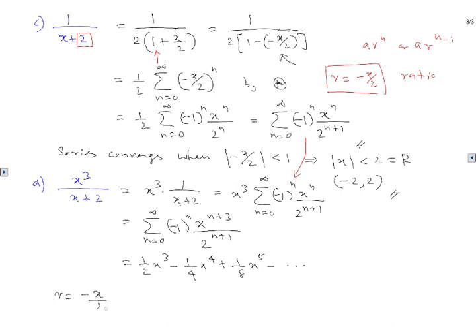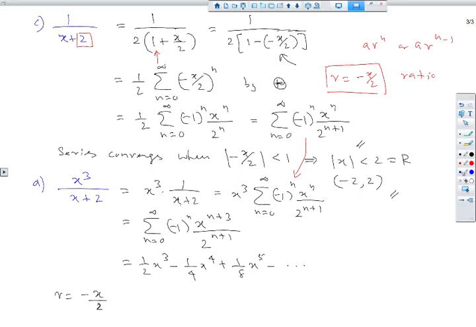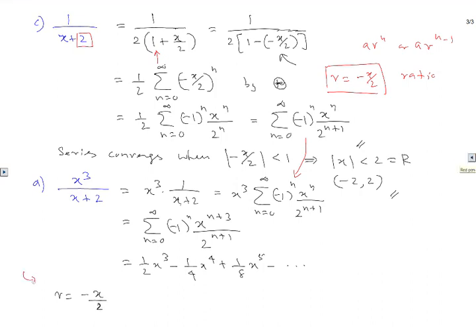These are the only terms which have an n in there. So you have negative 1 has the n, x has an n, 2 has an n.